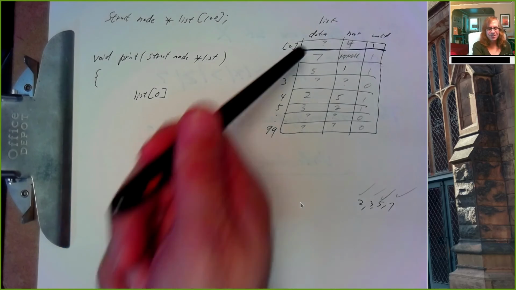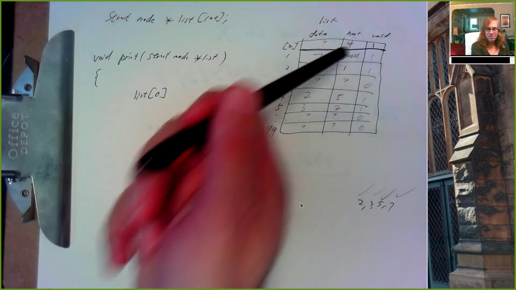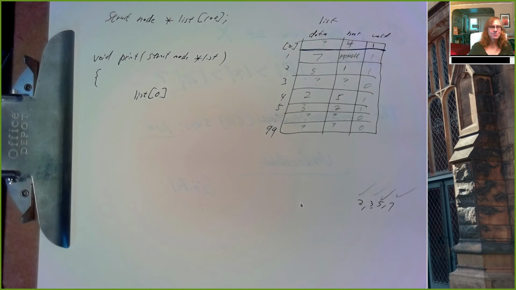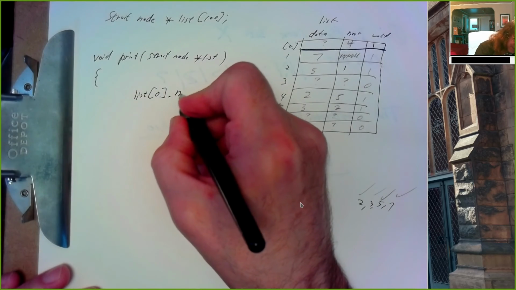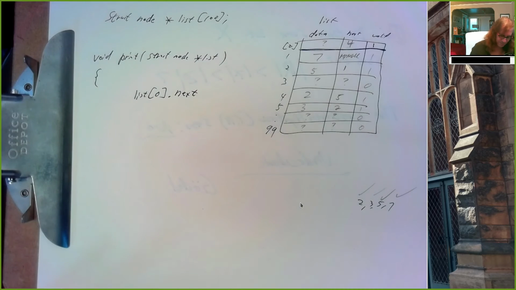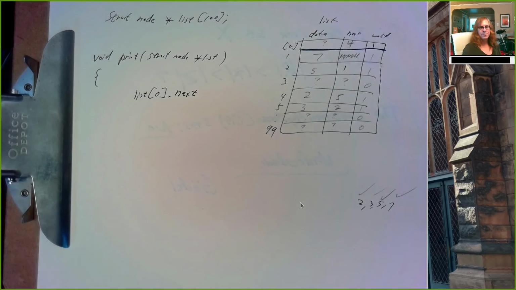I definitely don't care about the data field, but I very much care about the next field. So in chat, when someone said look where the sentinel node is pointing, how do we know where it's pointing? It's list bracket 0 dot next. That is an integer, which is the index of the first node.